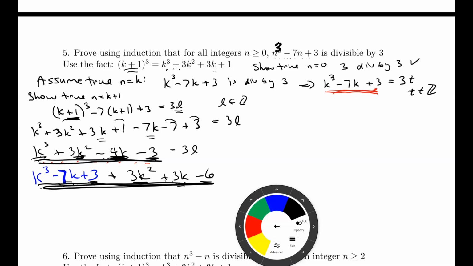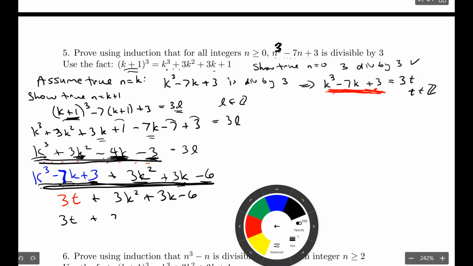Okay, now I get to use my inductive step, right? It always has to be that I'm going to use my inductive step. This gets replaced with 3t. And then I have this. So remind yourself what you're doing. What I want to get to is that this can be written as 3 times l. Look at this.